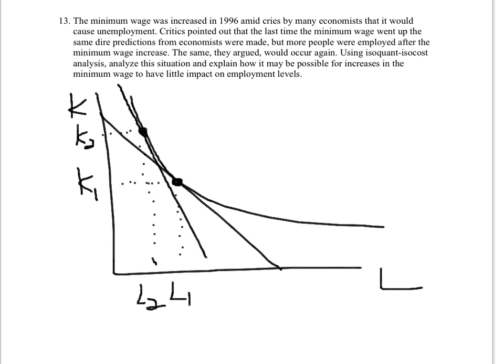But the problem is that the company might not be able to do that because capital is expensive and they need time in order to do that. So in the short term, they might continue to produce at point A. But if labor is more expensive, at that point they're not going to be minimizing costs. They're not going to be at a tangent point. So in the long term, the company will go back to B and they will fire some employees. In the short term, the company could potentially continue to produce at A, but they will not be minimizing costs.